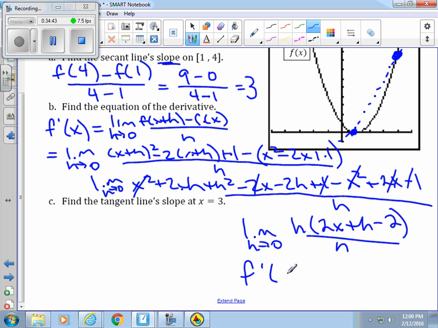So f prime of x is 2x minus 2. Does everyone agree? Okay, that is the equation of the derivative.